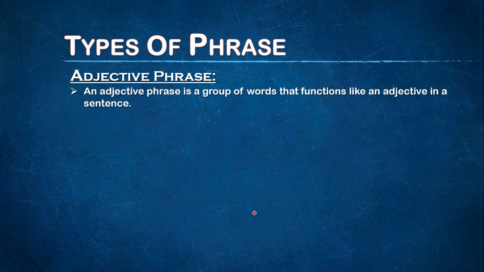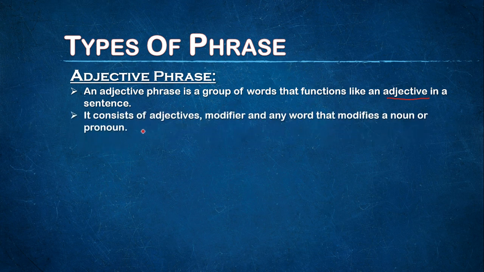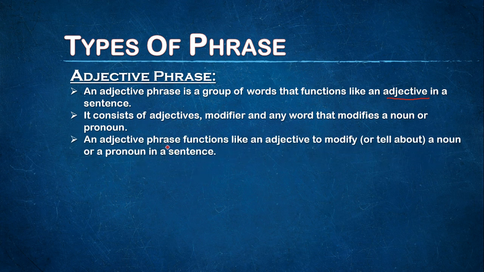Adjective phrase. An adjective phrase is a group of words that function like an adjective in a sentence. It consists of adjectives, modifiers, and any word that modifies a noun or pronoun. An adjective phrase functions like an adjective to modify or to tell about a noun or a pronoun in a sentence.